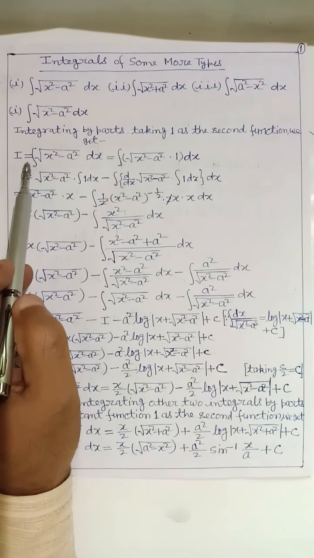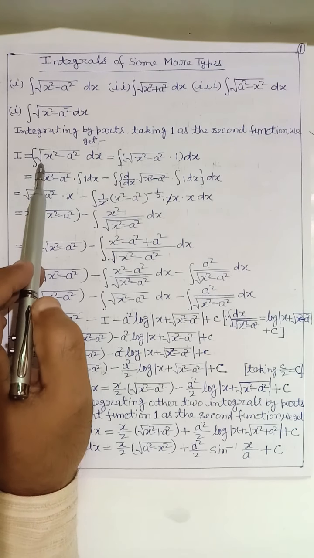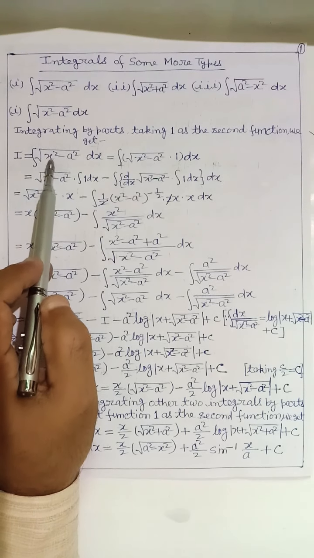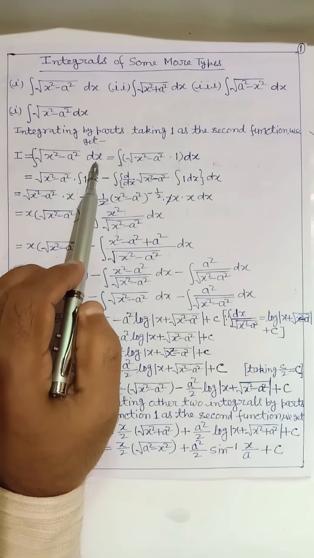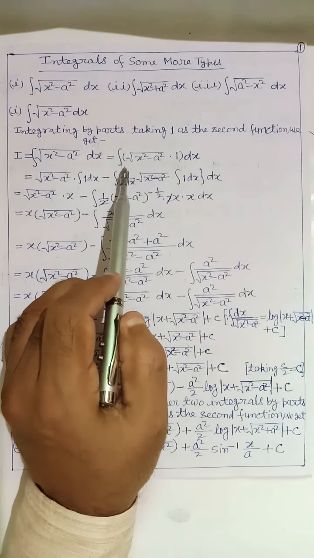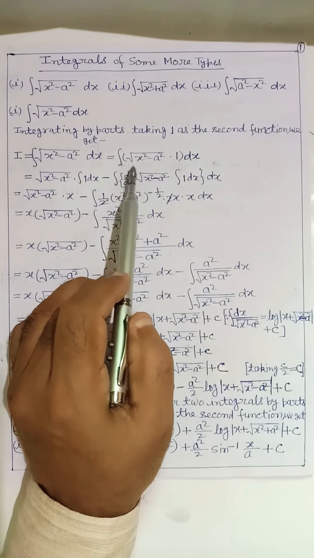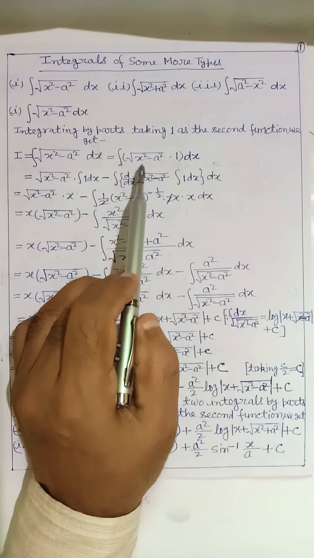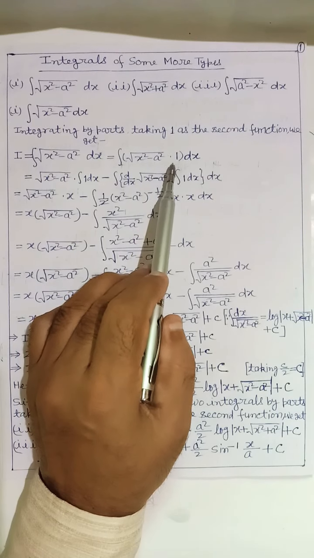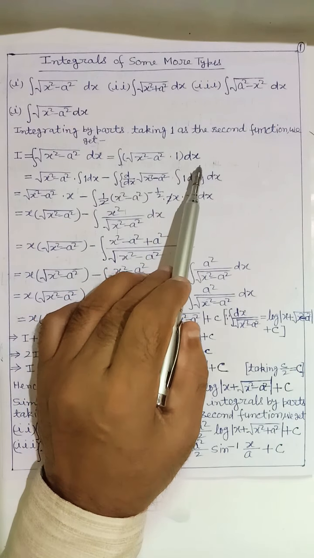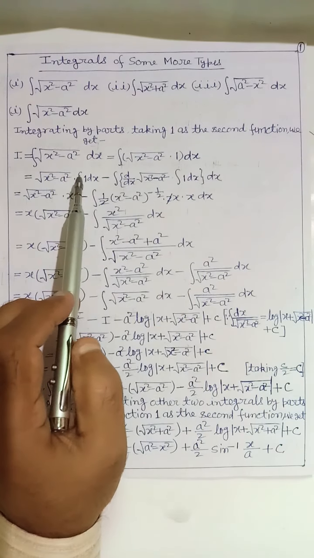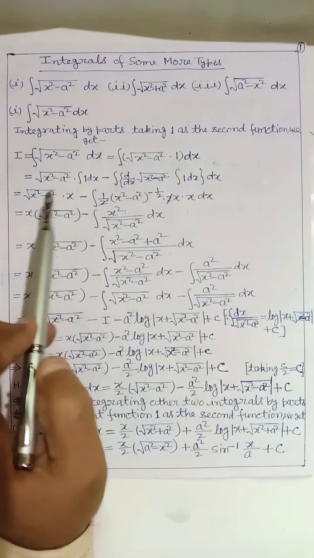Therefore I equals integral of square root of x square minus a square dx, and we can write integral of square root of x square minus a square into 1 dx using integration by parts.